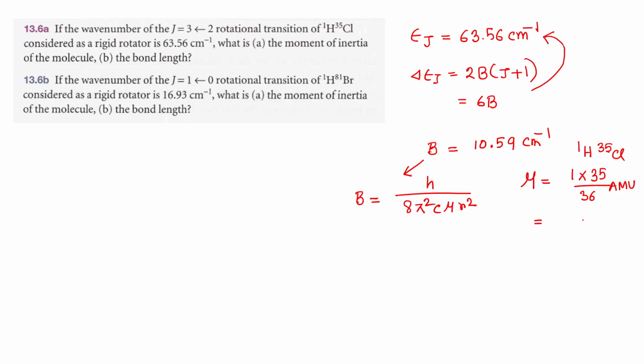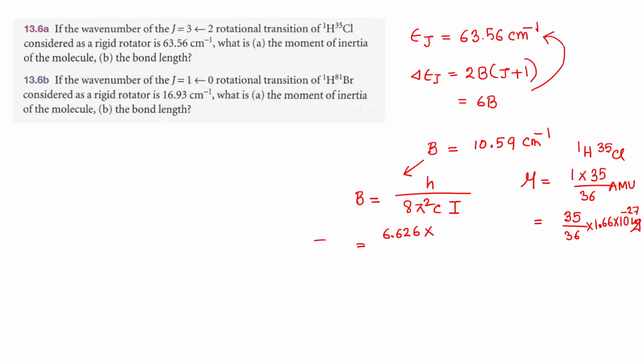And if I want it in kilograms, 1.66 into 10 to the power minus 27 kilograms, right? I will not do this now because the first question is what is the moment of inertia, so I'll just write I.